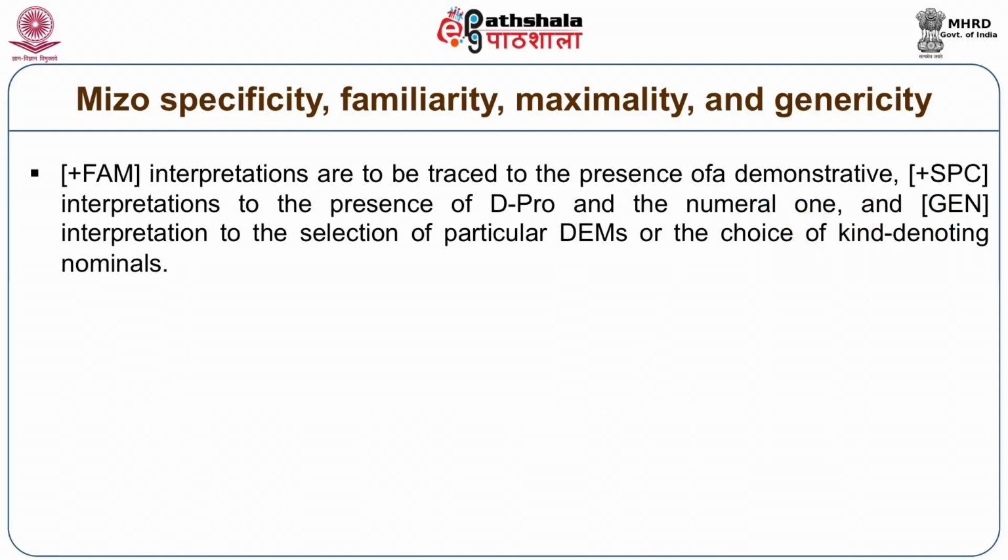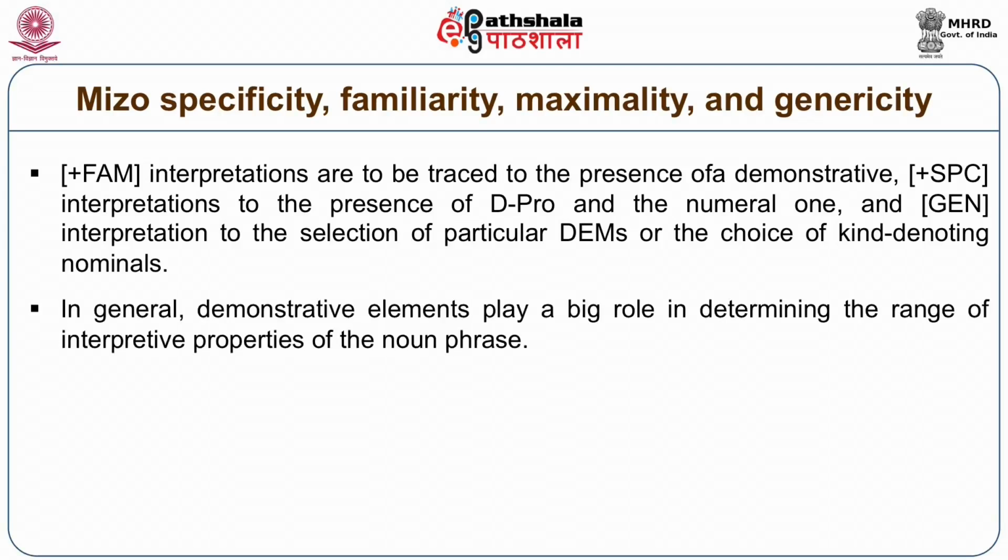To sum up, plus familiar interpretations in Mizo are to be traced to the presence of a demonstrative, plus specific interpretations to the presence of a deep row and the numeral 1, and generic interpretations to the selection of particular demonstratives or the choice of kind denoting nominals. In general, then, demonstrative elements play a big role in determining the range of interpretive properties of noun phrases.